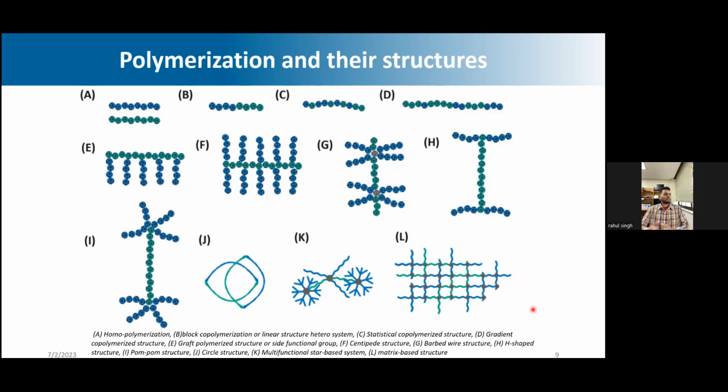So this is one of the papers, and if you see the beauty of this polymer chemistry, there are different types of structures, and we can play with them and make them according to our need.